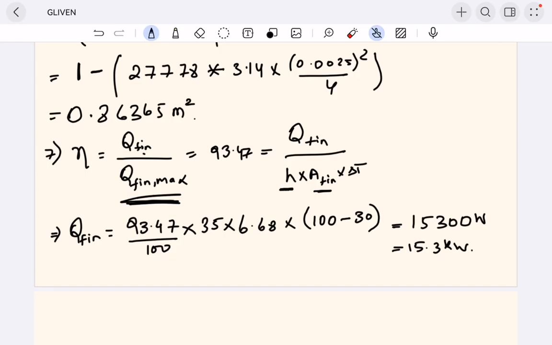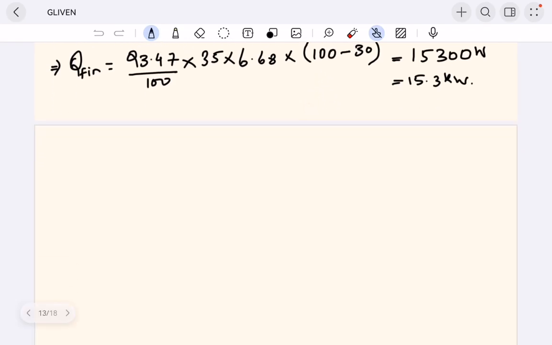But you see, there is certain area which is also unfinned, and we need to calculate the overall efficiency. So step 8, we are going to calculate the unfinned heat, that is the area without the fins.